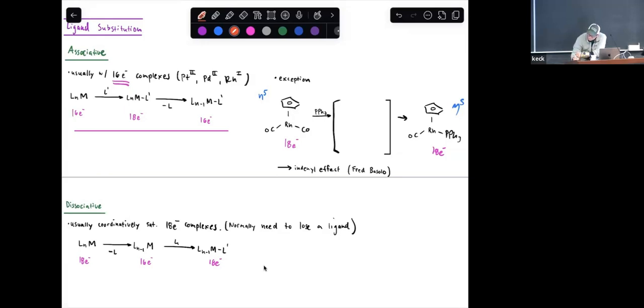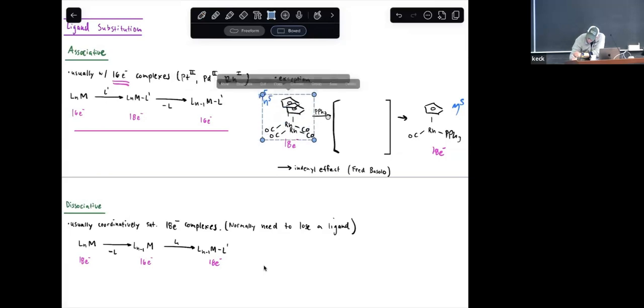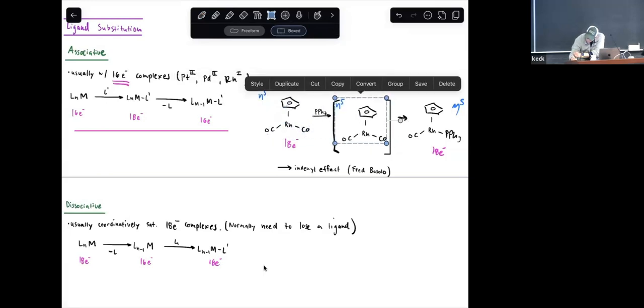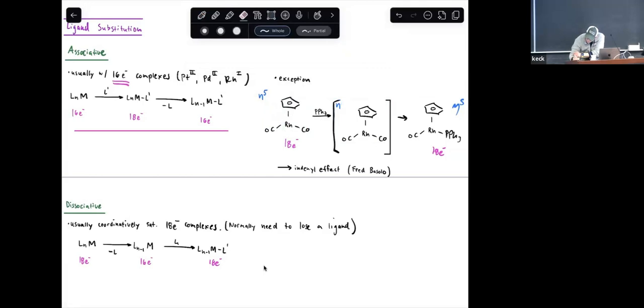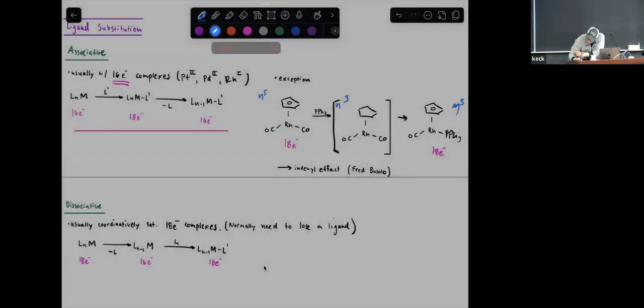Yeah, Eugene. You get slippage of the cyclopentadienyl ligand from η5 to η3. Beautiful. So you start out η5. Eugene's invoking a slip to η3. What is a slip? What does that actually look like? For some reason I lost the ability to write in black.